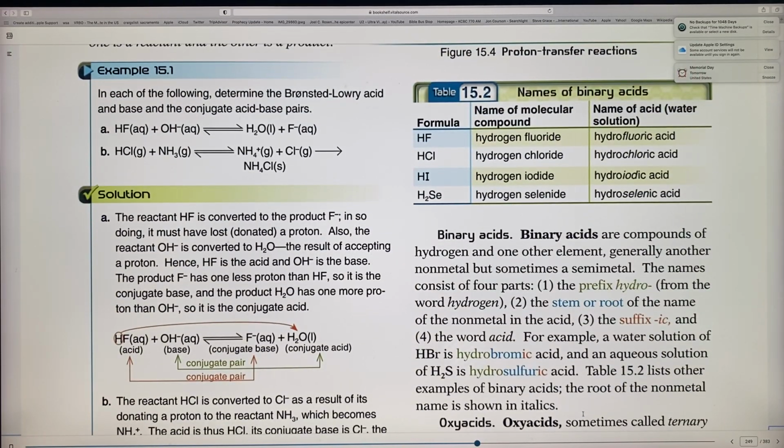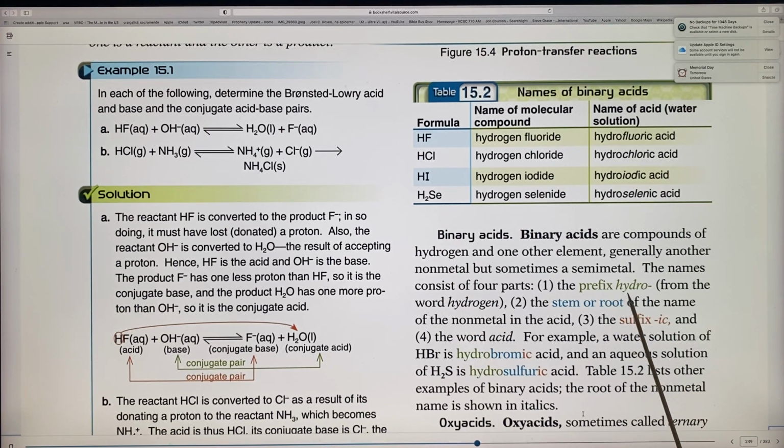Binary acids are compounds of hydrogen and one other element. So we're talking about hydrogen, and they're generally non-metals. Sometimes they're semi-metals, but generally non-metals. So how do we name these? First, you're going to have a prefix. Because they all have an H in front of them, that's hydrogen.